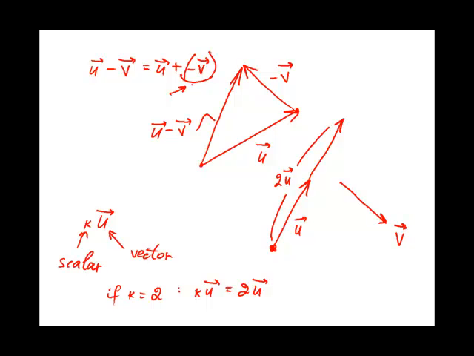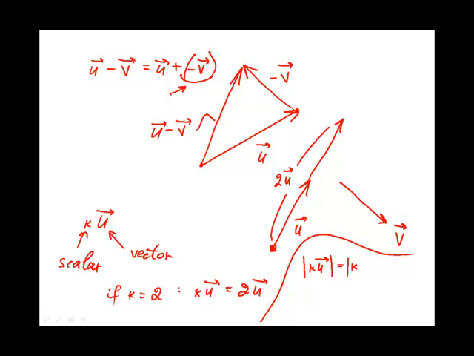Now, some rules. If you have your vector ku, you can calculate its length like this. Just put vertical bars like this. They will denote the length of the vector ku. Now, because k is a number, here's what you do.